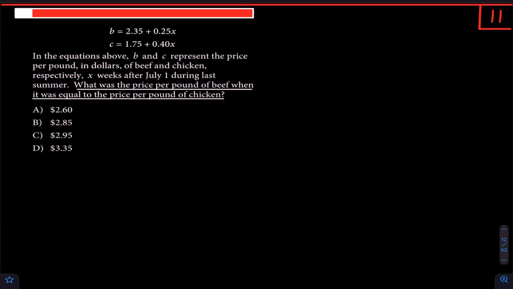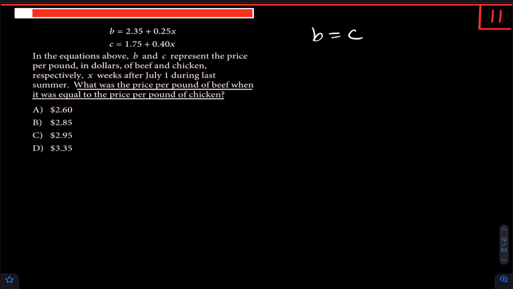But anyways, this problem is asking for the price per pound of beef when it is equal to the price per pound of chicken. So we're saying B is equal to C here. Those are the price per pounds that it gives us earlier in the problem. We want to know the value of these when they are equal.